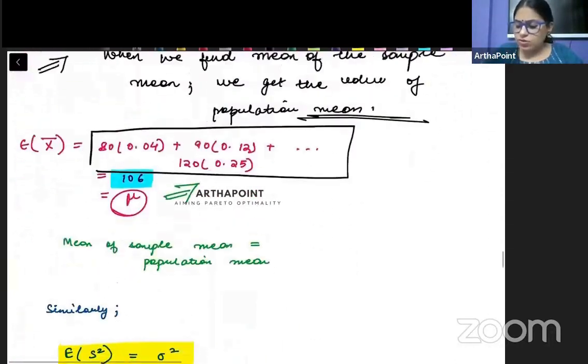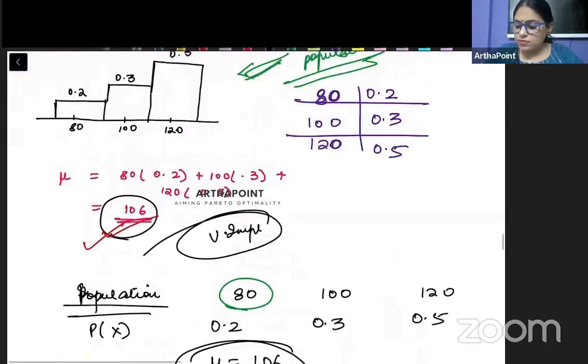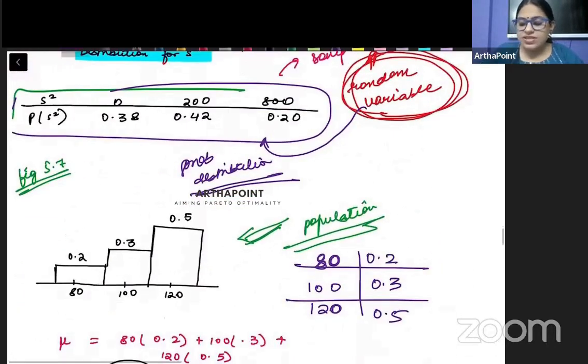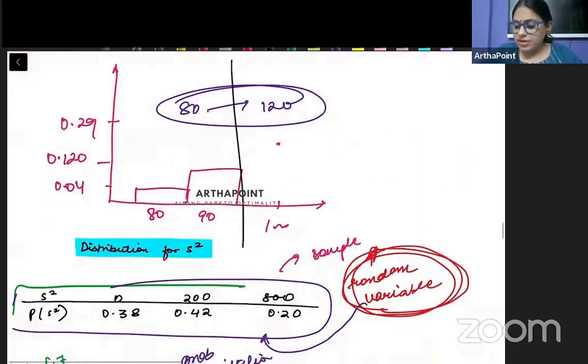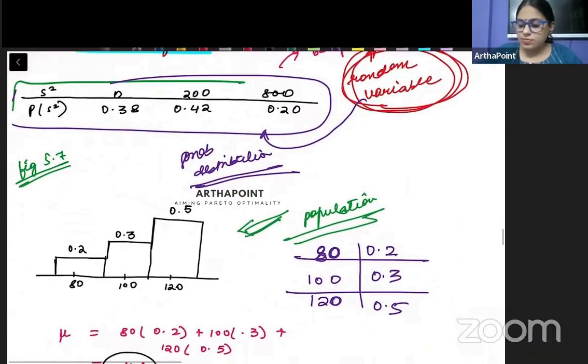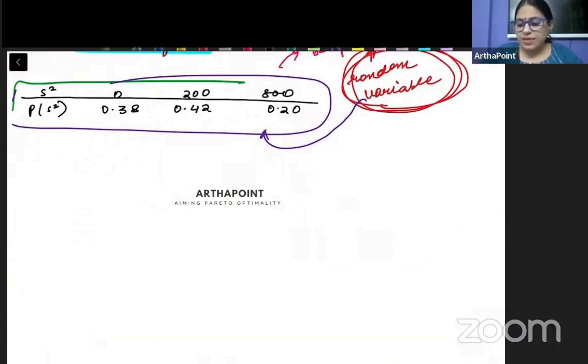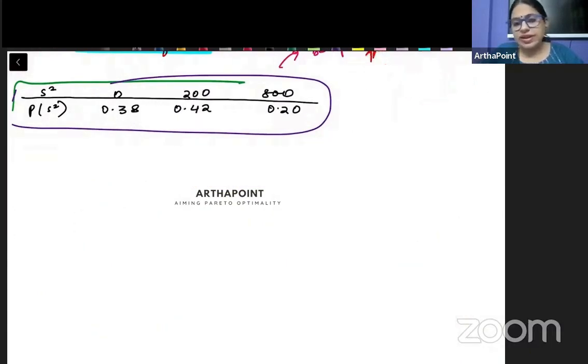Let us try to find out the expected value of the variance. तो हमने ये sample variance का probability distribution यहाँ पे बनाया है. Right? हमने यहाँ पे इसका probability distribution create किया है. So if I ask you, beta, what will be the expected value of this? तो आप बोलोगे, and this is nothing but value multiplied with its probability.